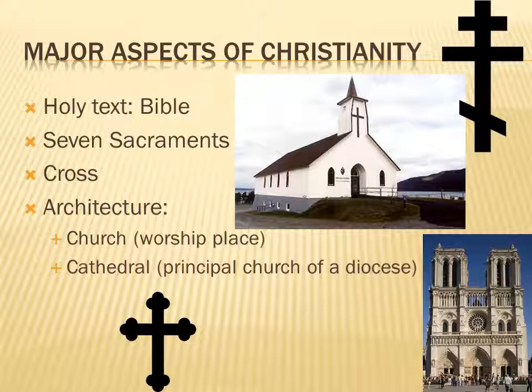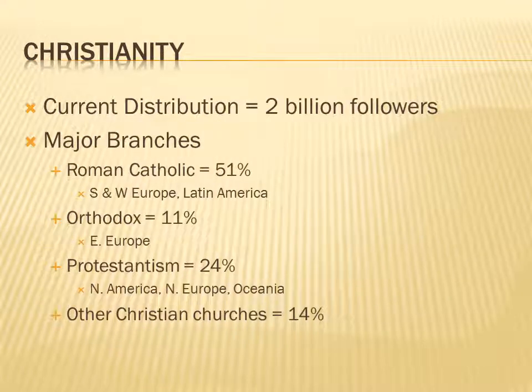As far as architecture is concerned, the church is typically a place of worship, whereas a cathedral, and you can see the cathedral at Notre Dame there in the bottom right, is going to be the principal church of a diocese. And so a cathedral is going to be more associated with Roman Catholicism, whereas a church can be a place of worship in any different branch of Christianity.